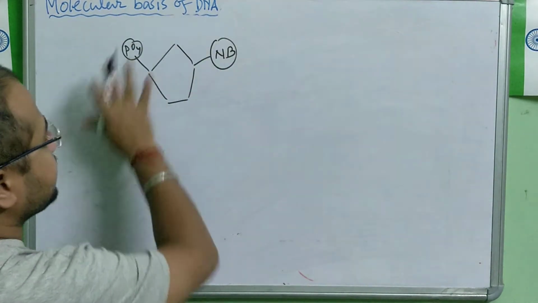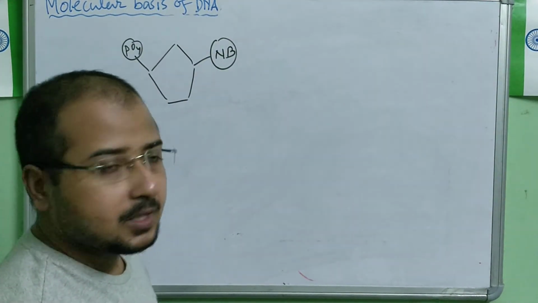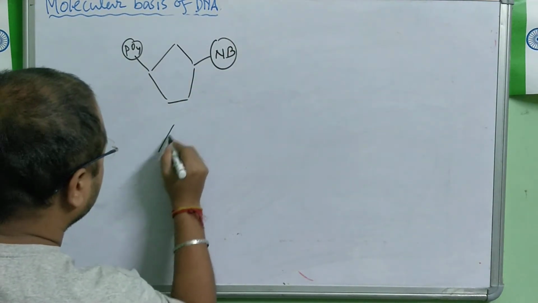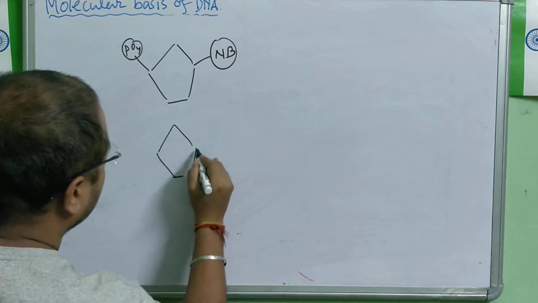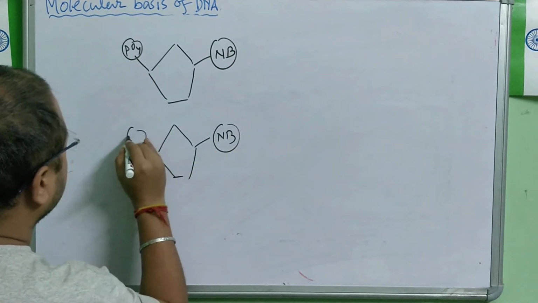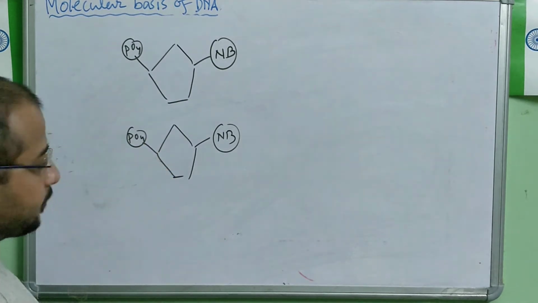So this becomes a nucleotide molecule. Okay, so this is one nucleotide molecule. Let me draw one more nucleotide molecule here: same nitrogenous base, 1st prime position, 5th prime position, the phosphate group.